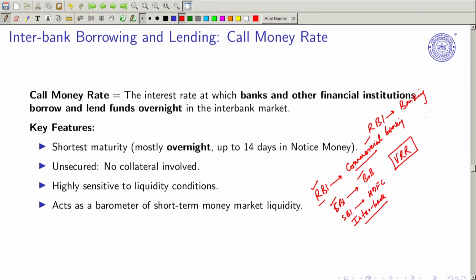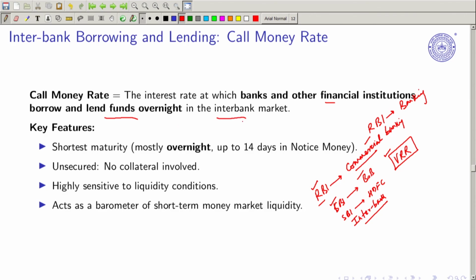So a lot of time, instead of going to the central bank, banks within themselves go for borrowing and lending, which we call interbank borrowing and lending. One of the important instruments is the call money rate, the interest rate at which banks and other financial institutions borrow and lend funds overnight in the interbank market.